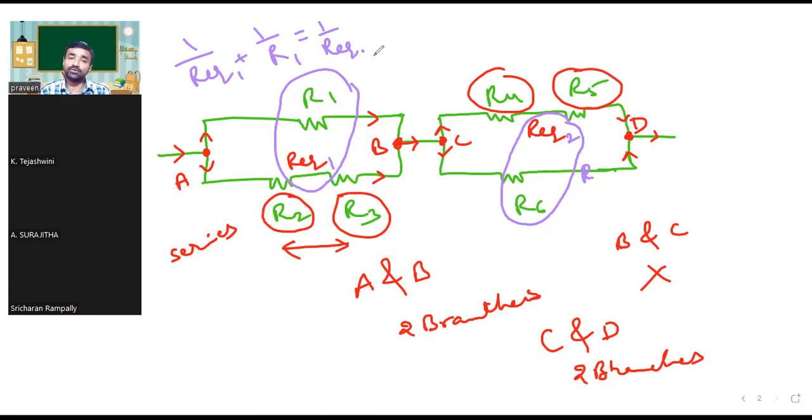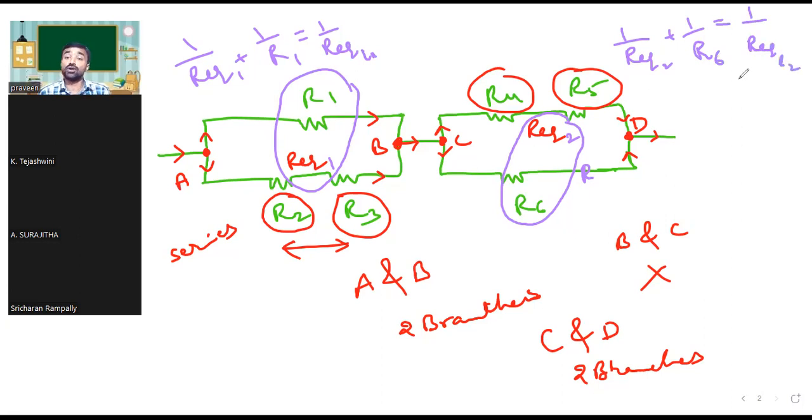So I am taking it as L1, suppose, for easy identification. That is 1 by R equivalent in L1, and you will get one more here, 1 by Req2 and 1 by R6, right? In parallel combination. So that will give you 1 by R equivalent in loop 2.